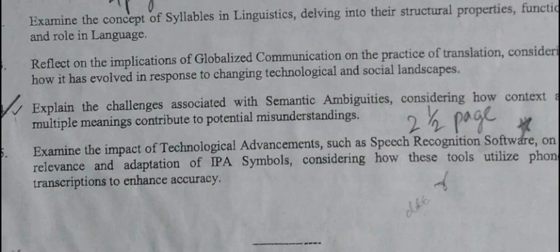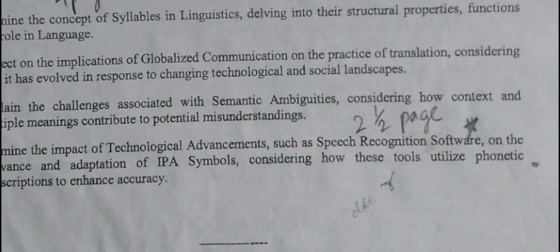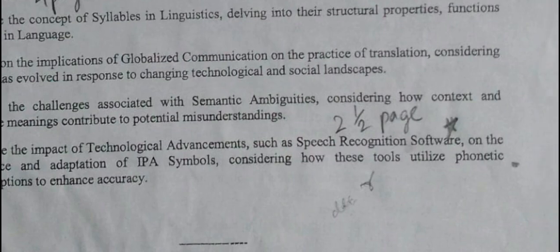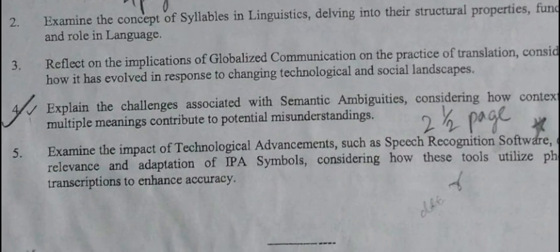Technological advancements definitely impact our language a lot, such as speech recognition software. When we speak something and then software types our words, right, on the relevance and adaptation of IPA symbols.